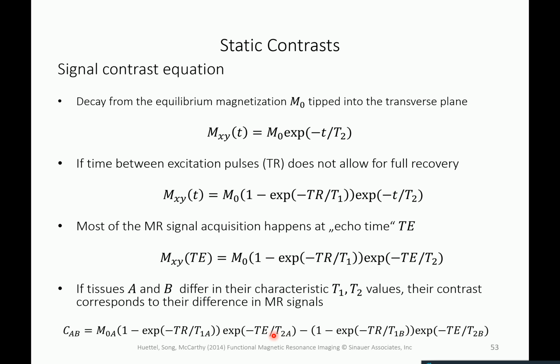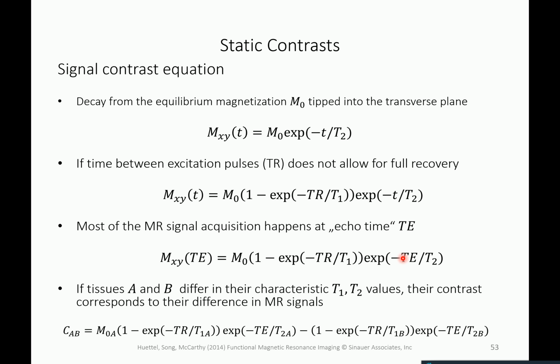Yeah? Now the task again is to in some way set the TR and the TE, which you can set. So you can decide to do the excitation fairly quickly after another excitation and do the signal acquisition fairly shortly after, fairly early after excitation or fairly late after excitation. You can choose that.